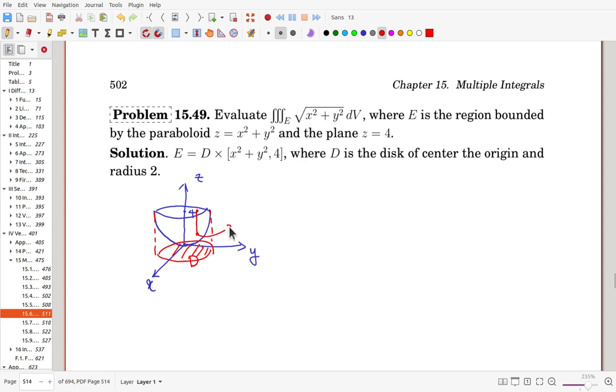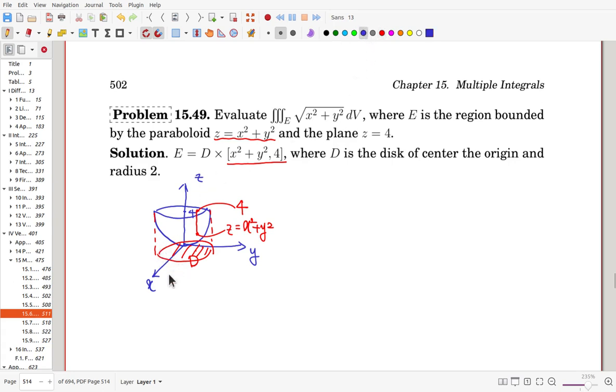Bottom z comes from this paraboloid, x squared plus y squared, and top is always 4 because it's cut by the flat plane. So E can be expressed with these two portions, D times that interval in the z direction. Right?